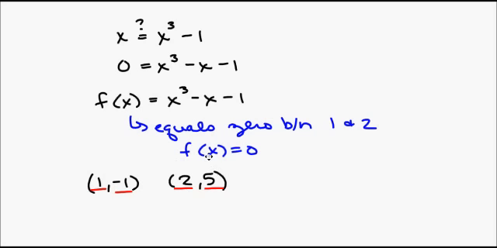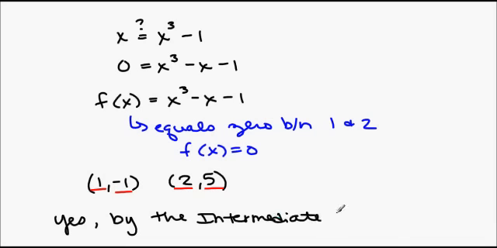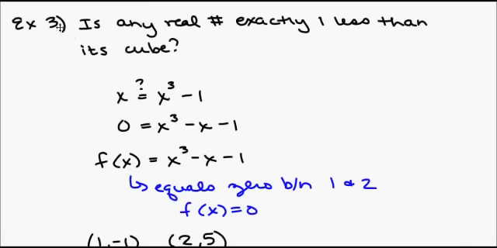Since this y value is between -1 and 5, there is a corresponding x value between 1 and 2 that goes with this. So the answer to this is yes, there is such a number, and we know this by the intermediate value theorem. And I think, yes, that is it for this lesson.